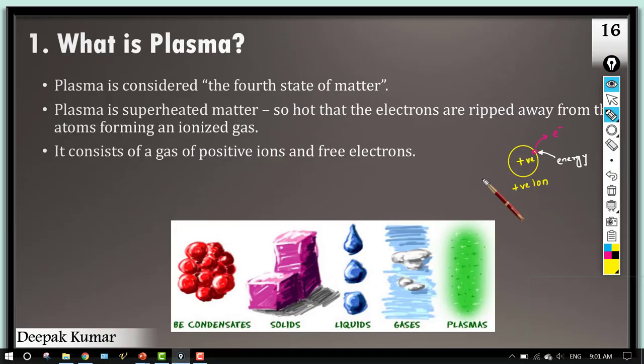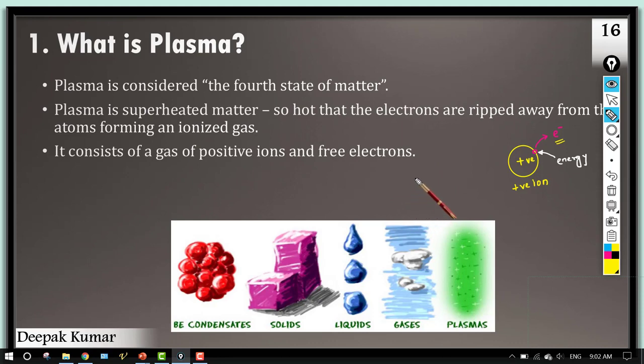So when the gas is heated in such a way that the electron gets its activation energy, comes out of the orbit and becomes independent, the mixture of positive ions and free electrons is known as plasma. The energy of these free electrons is very high. So the plasma state has very high energy and high velocity of electrons.